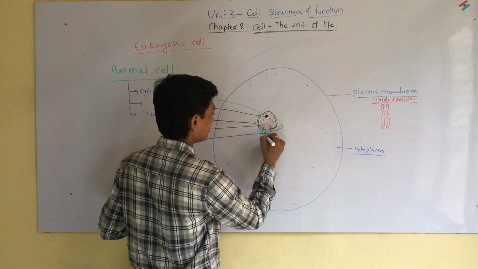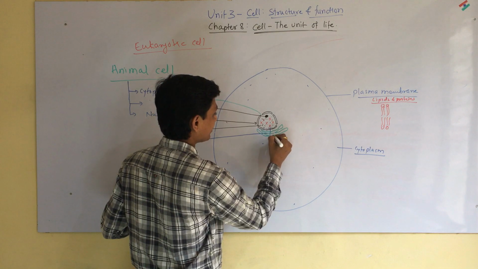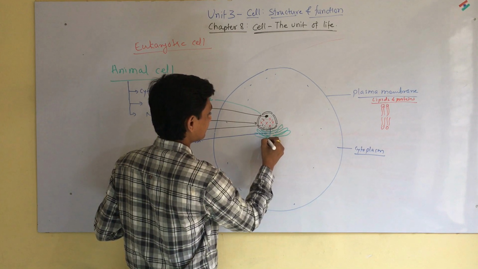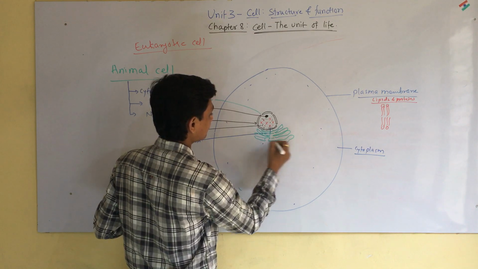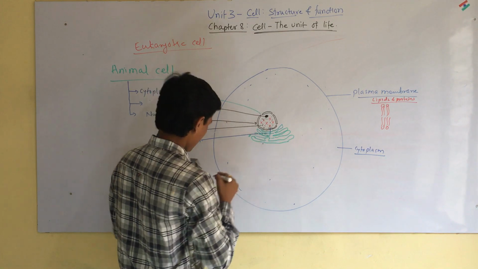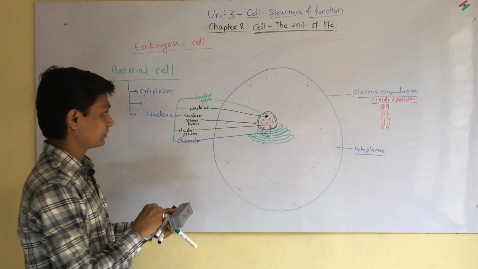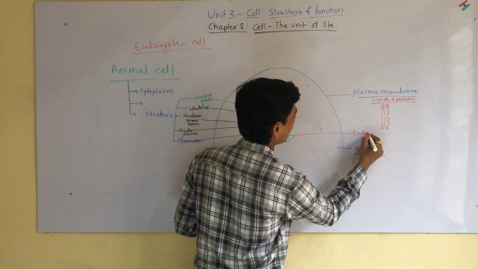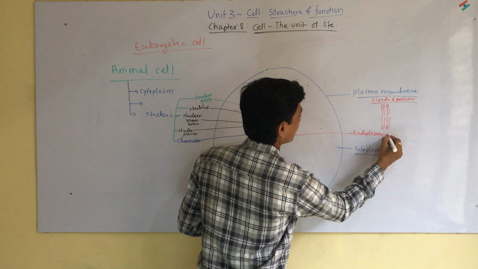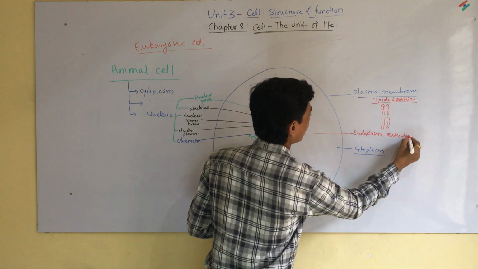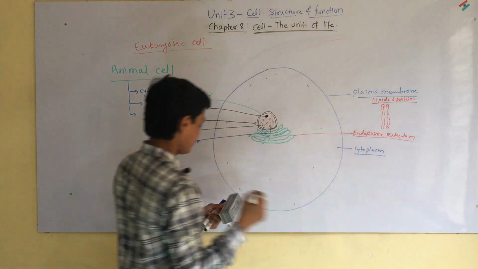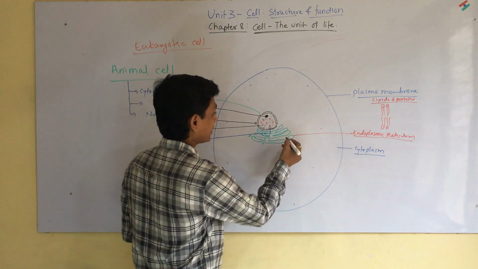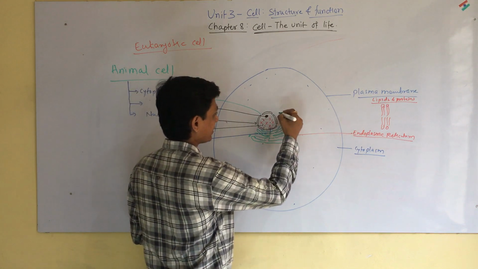endoplasmic reticulum. Endoplasmic reticulum are of 2 types. This is endoplasmic reticulum. One is when the ribosomes are present on the endoplasmic reticulum.